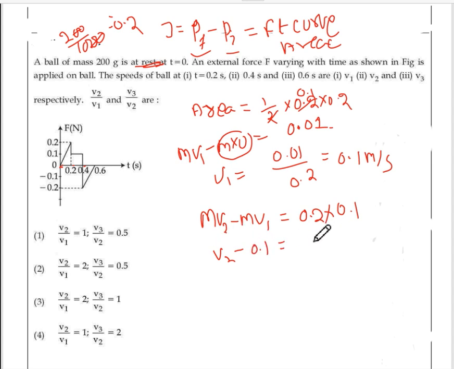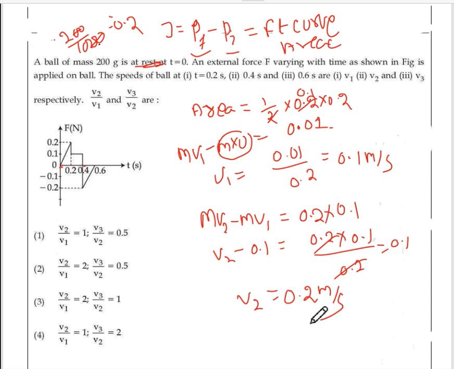Dividing by the mass, 0.2, it gets cancelled out. So 0.1 plus 0.1 is 0.2 meter per second.